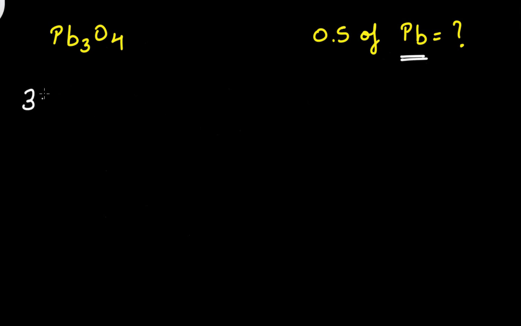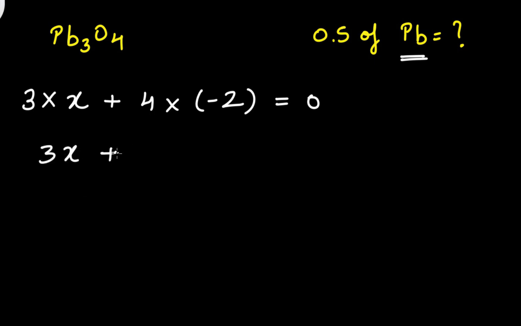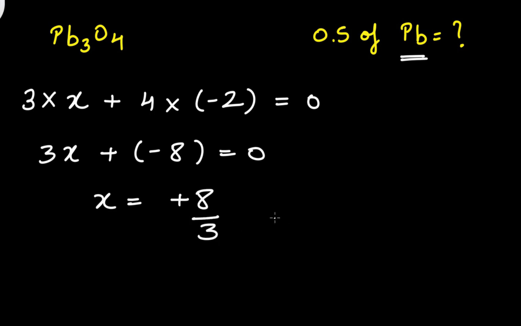Let's start. 3 into X for Pb, 3 atoms are there, plus 4 into the oxidation state of oxygen, -2, is equal to 0. Right? Now start solving. You will get 3x plus -8 is equal to 0. Take -8 on the other side. X is equal to plus 8 by 3.